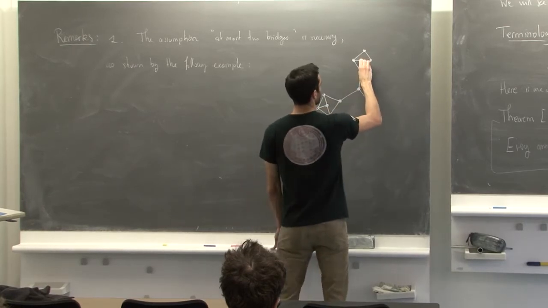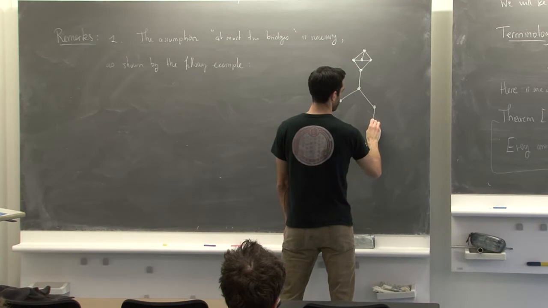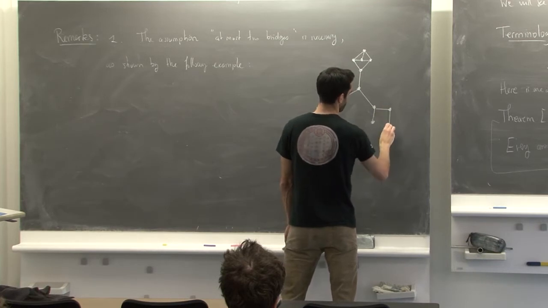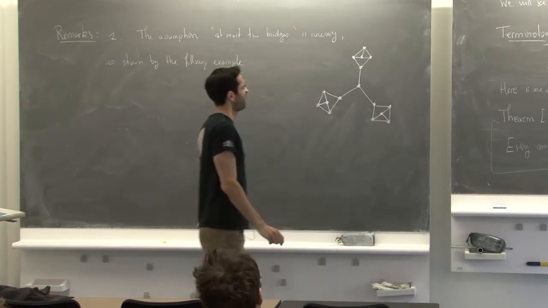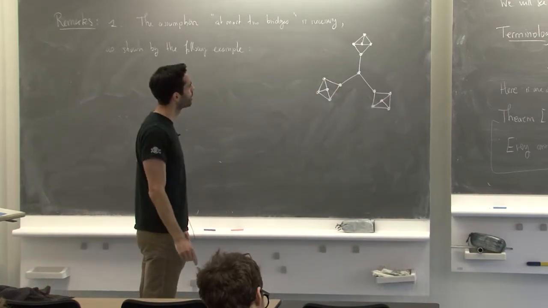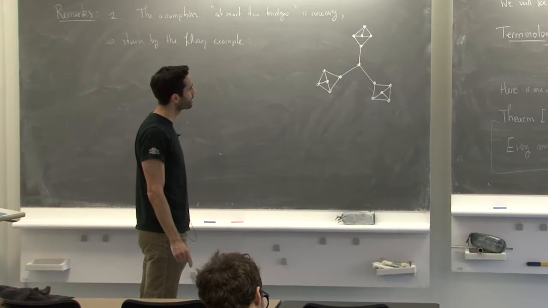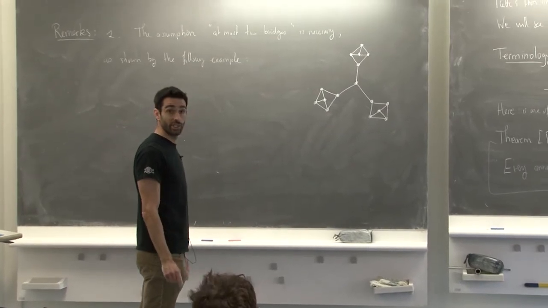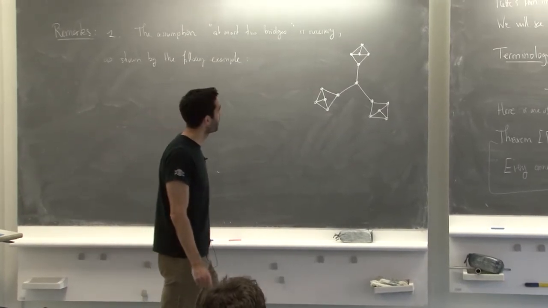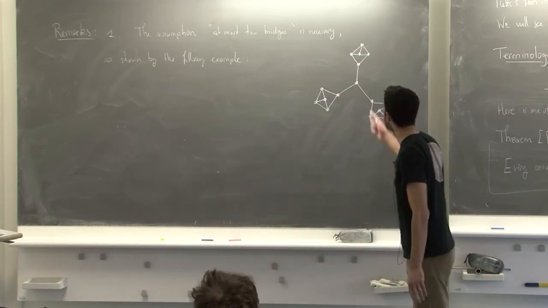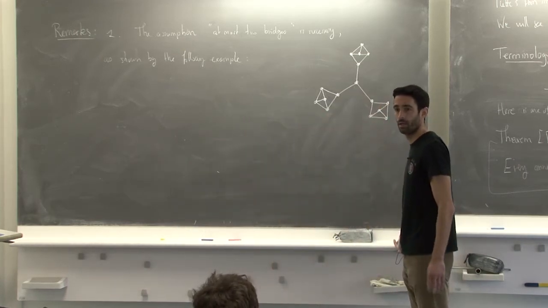There you go, like that. I think that's right. So it's cubic, yes. It has 3 bridges, right? And why does it not admit any perfect matching? You see why?